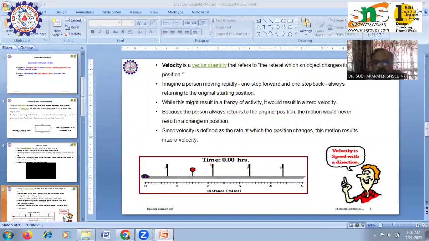The motion would never result in a change in position. Velocity is defined as the rate at which the position changes, and as far as this person is concerned, there is no change in position. The velocity is 0. So the rate at which an object changes its position is called velocity, and it is a vector quantity.